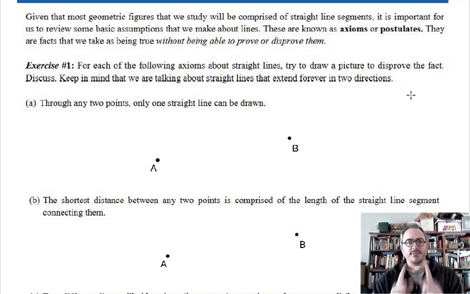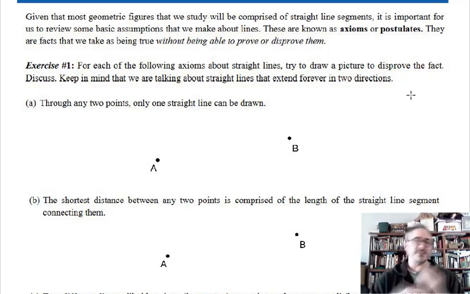Most of the geometric figures we're going to study in geometry are going to be composed of straight line segments, triangles, squares, parallelograms, trapezoids, circles. Obviously, those aren't all straight line segments, but for a lot of other things, we're going to be using straight line segments.